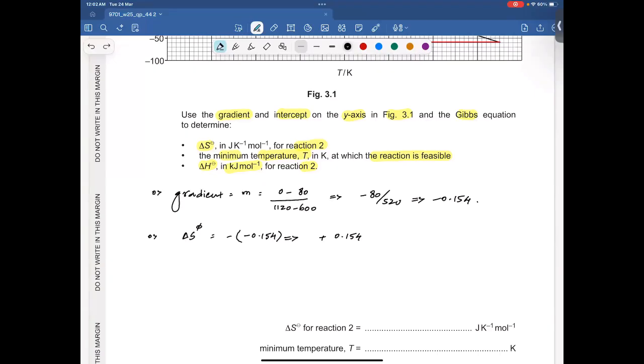Not joules, because entropy has to be in joules, mole inverse, Kelvin inverse. Oh, my bad. It's kilojoule actually.